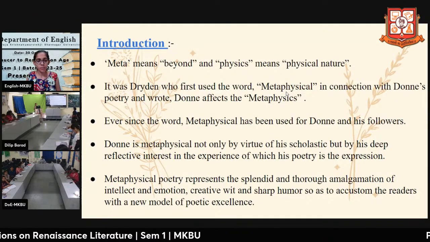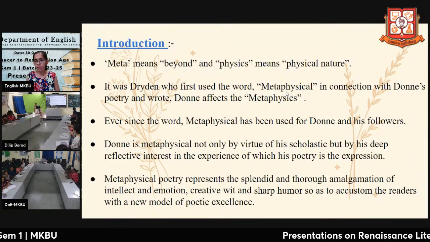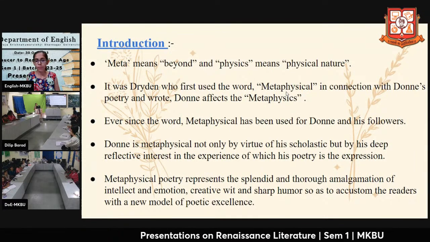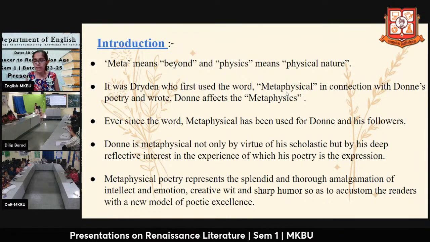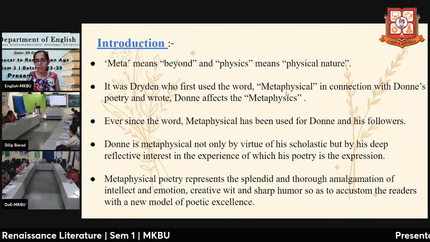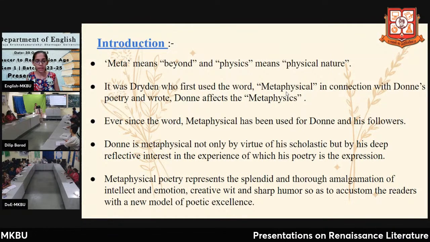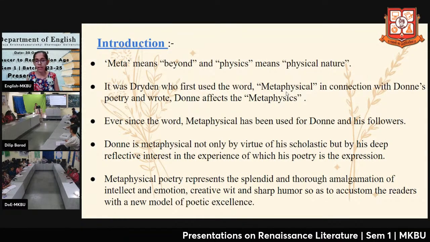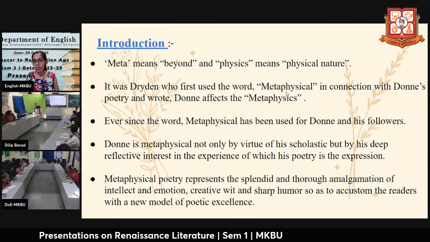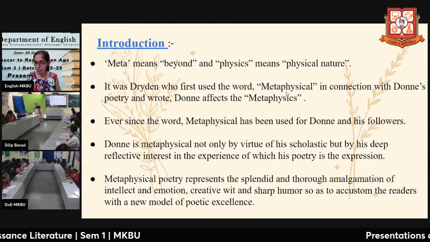Donne is metaphysical not only by virtue of his scholarship but by his deep reflective interest in the experience of which his poetry is the expression. Metaphysical poetry represents the splendid amalgamation of intellect and emotion, creative wit and sharp humor, presenting the readers with a new model of poetic excellence.